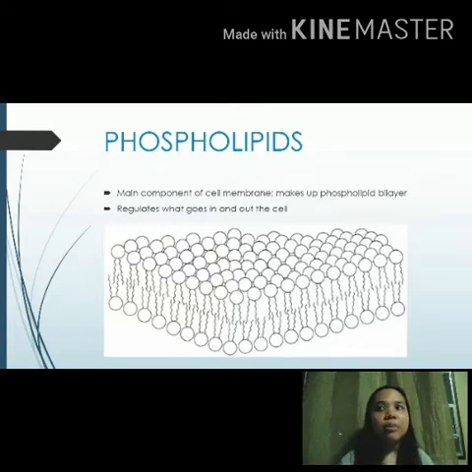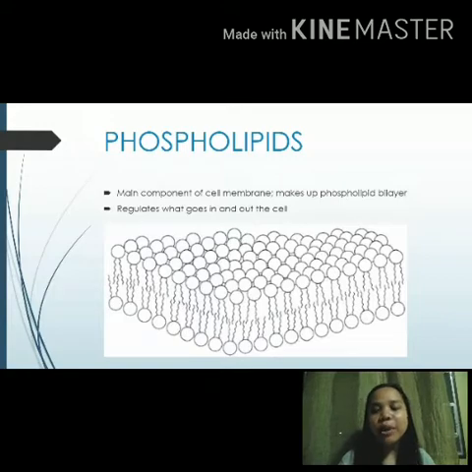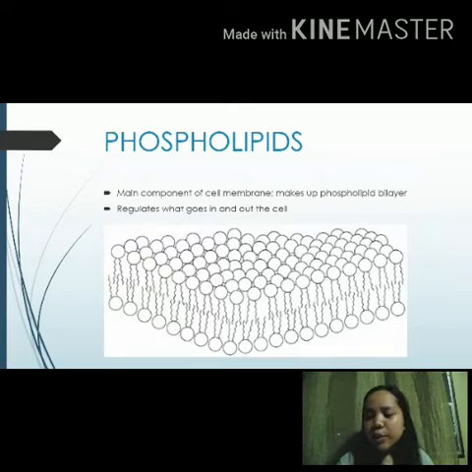However, the head is polar because it is a phosphate group. So that is how they make up the permeable membrane, which is the phospholipid bilayer. Its main function is to regulate what goes in and out of the cell, allowing the cell to proceed with its activities separate from its surrounding environment.